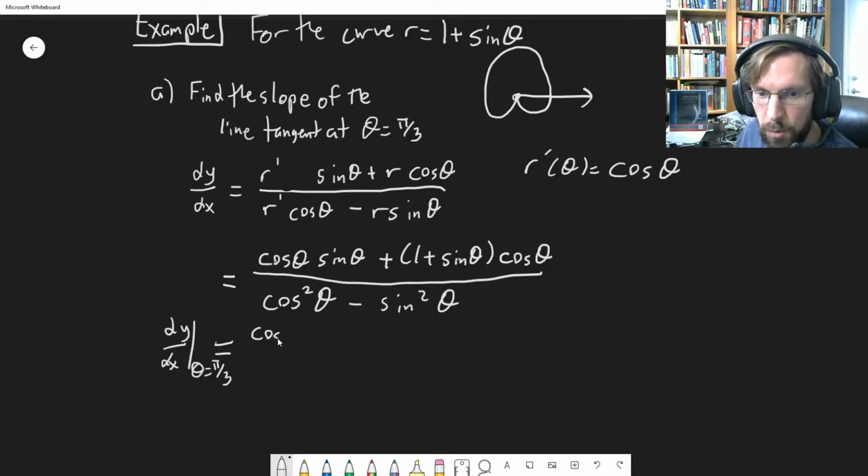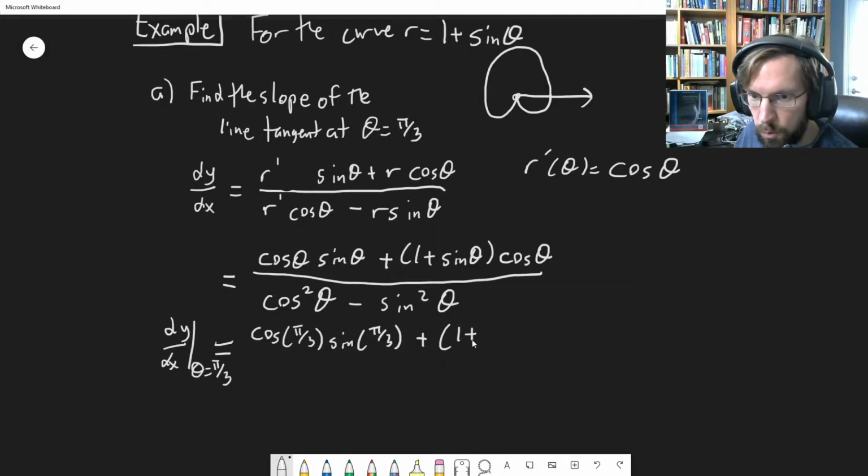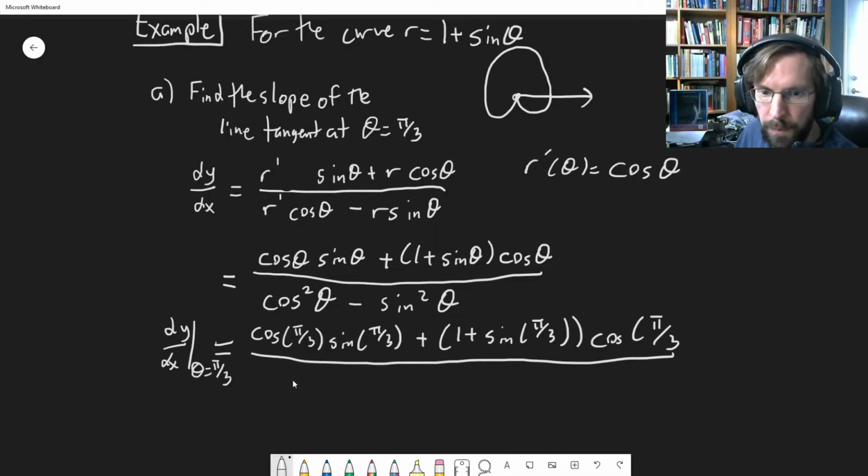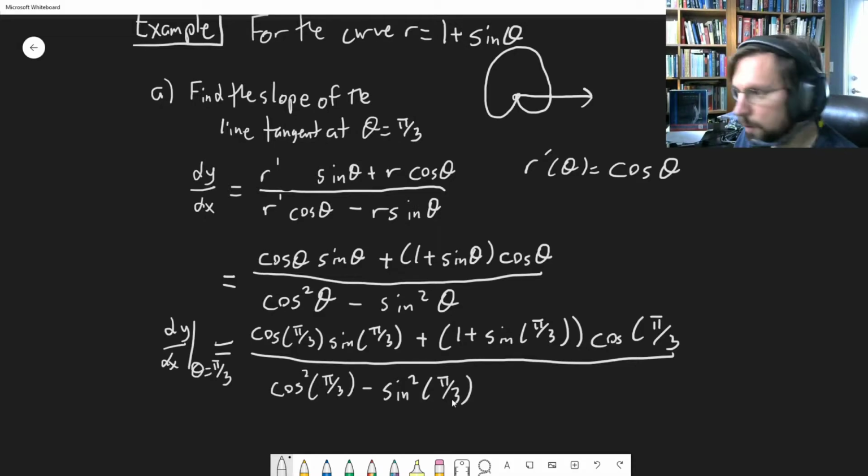This should be cosine pi over 3 times sine pi over 3 plus (1 plus sine pi over 3) cosine pi over 3, all divided by cosine squared pi over 3 minus sine squared pi over 3.